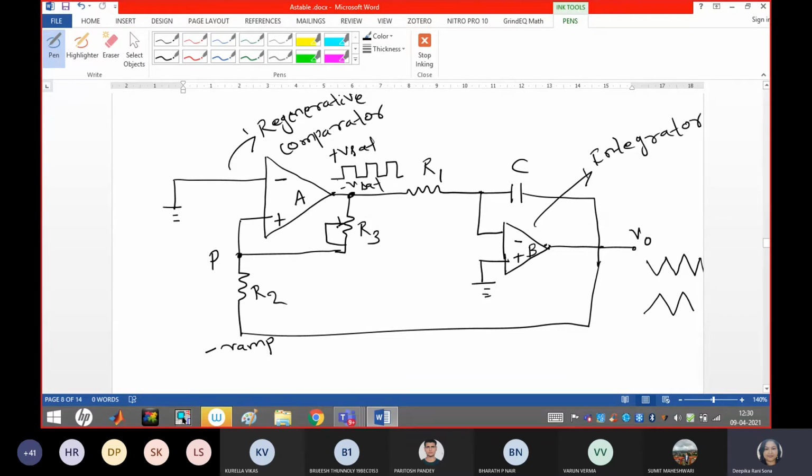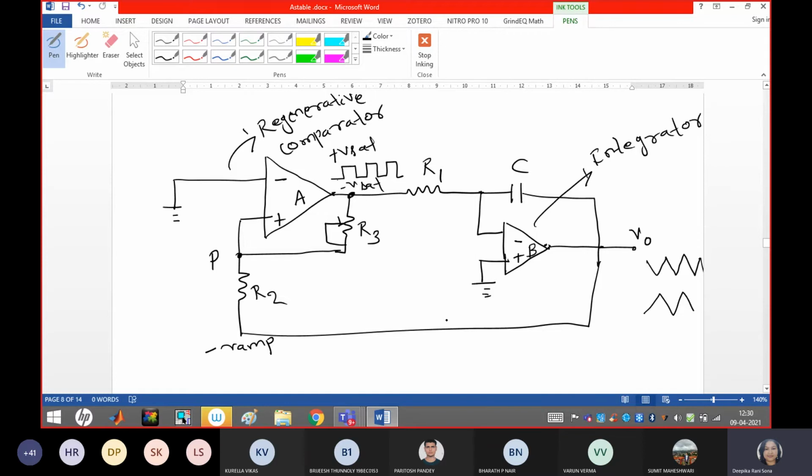So at which end we may get a plus V ramp? Okay, anyway, all your doubts will get cleared while deriving the concept, right? Anyway, you remember that because of the plus minus V set voltage of the regenerative comparator, we may get a voltage swing between plus minus V ramp.